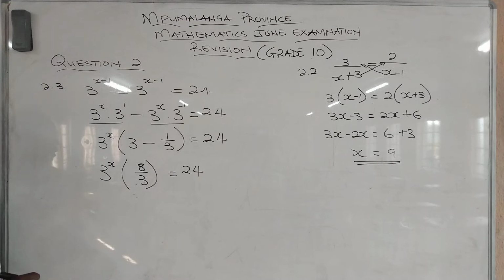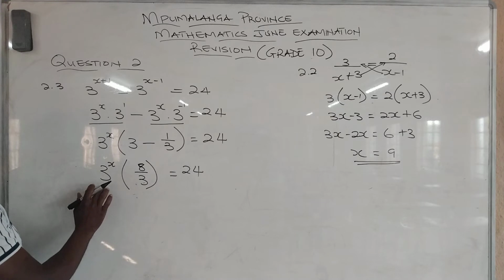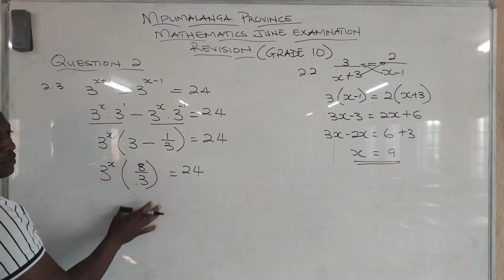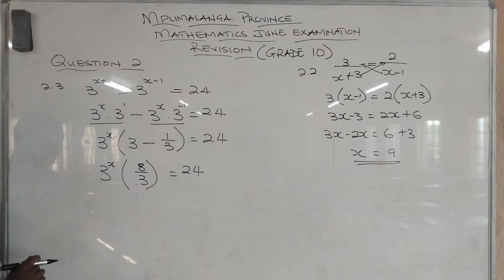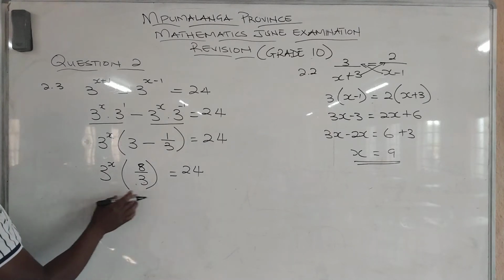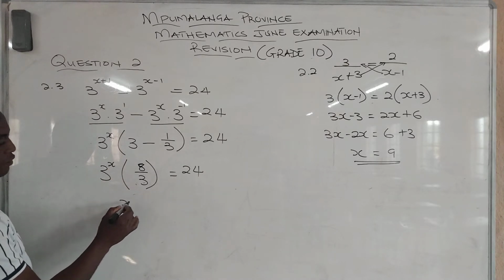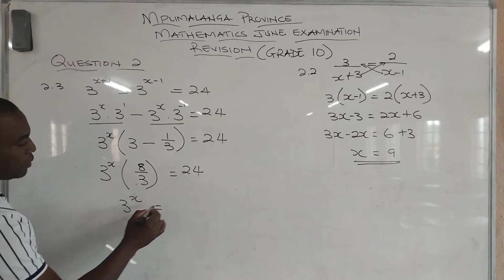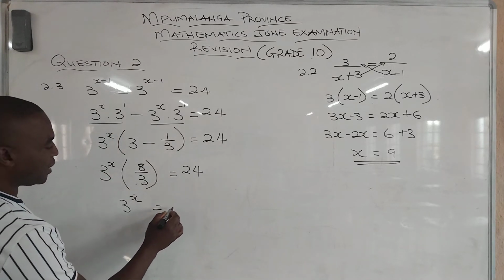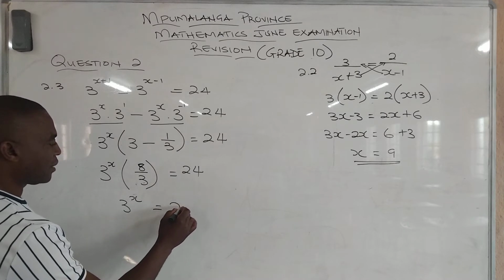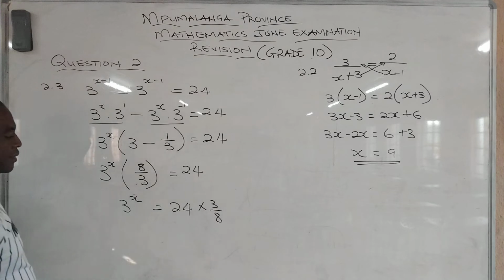Then the next thing we need to do is to separate the term 3 to the power x from this, so that we are able to solve for x. So we are going to divide both sides by 8 over 3, and dividing both sides by 8 over 3 is the same as multiplying by 3 over 8.